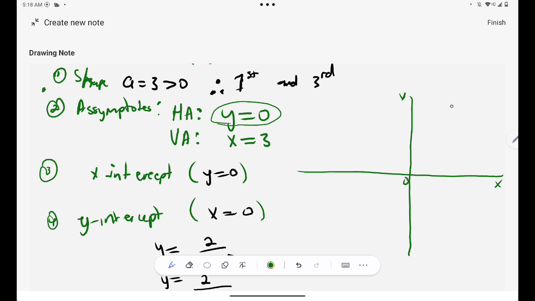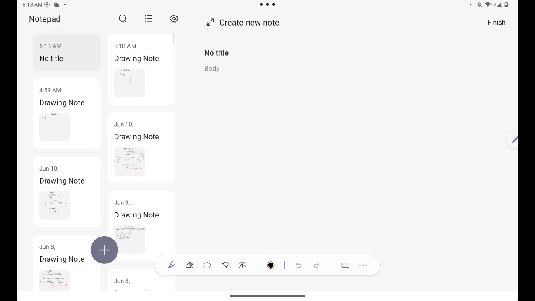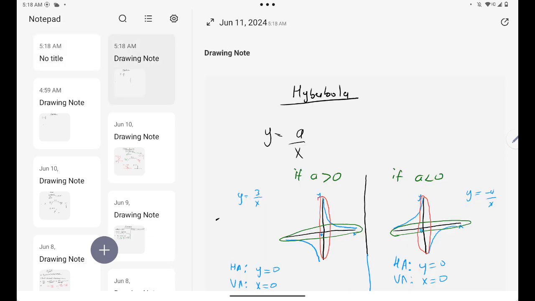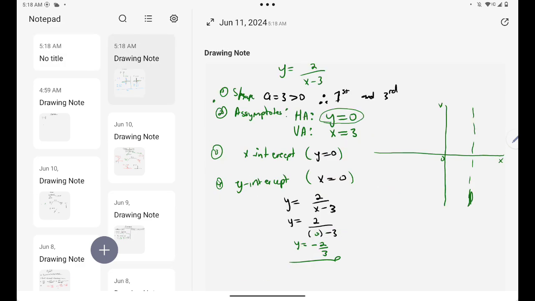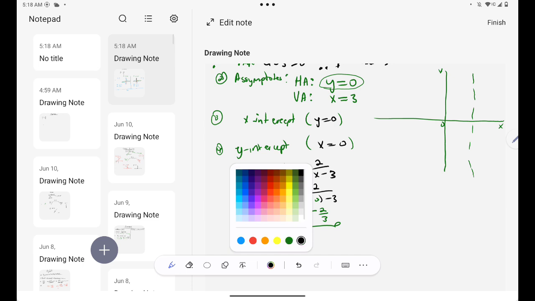The only asymptote that we will have, excuse me guys about that, will be here when x is equal to 3.